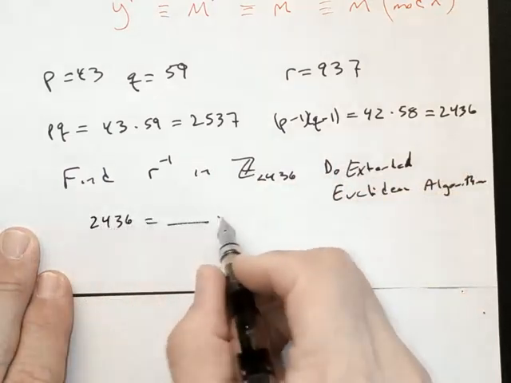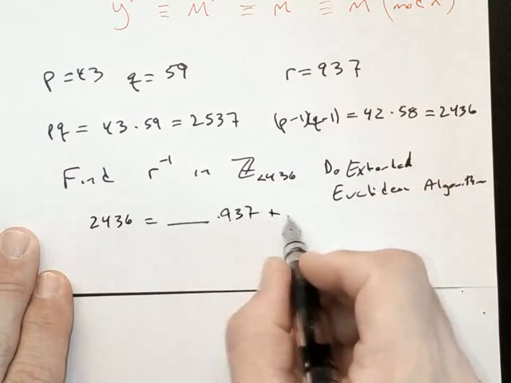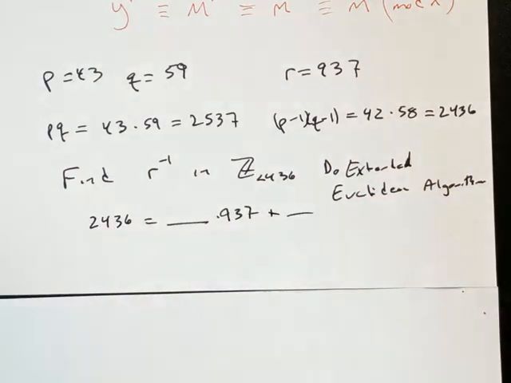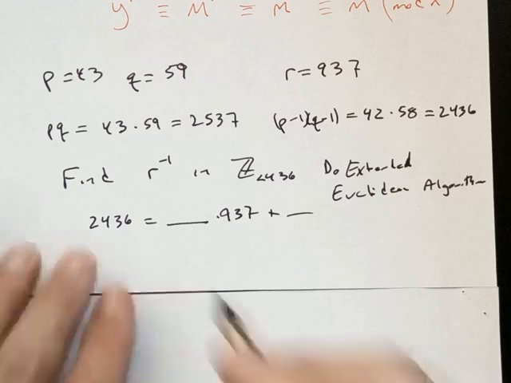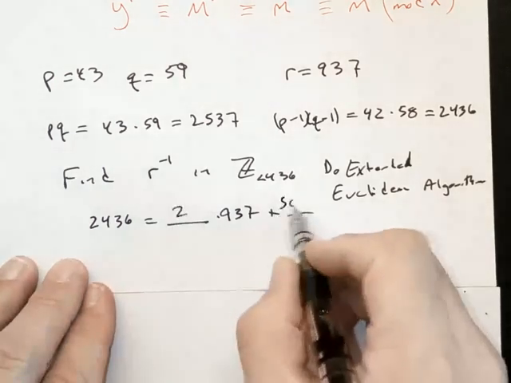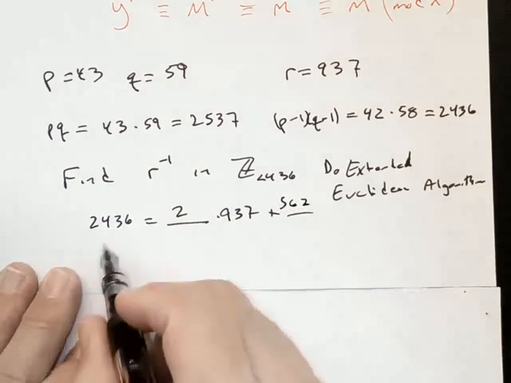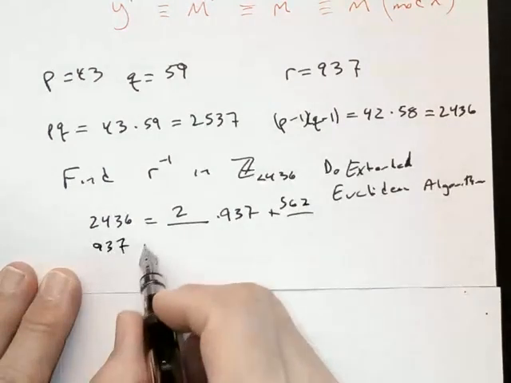I need quotient and remainder. Keep going. I move the 937 over to this side. It's something times 562 with something left over.